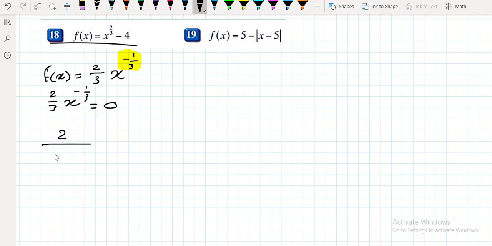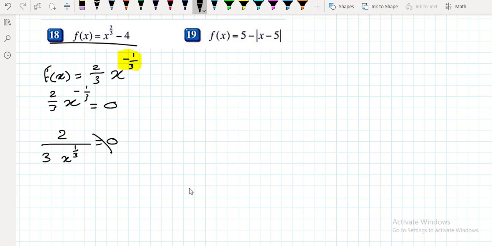The function looks like this: 2 over 3, the 3 is already down, and x power positive 1 over 3 goes down, equal to 0. In chapter 1, we said if we have number over something, this function is never equal to 0. Alright, that means we don't have critical value in this way of f prime equal to 0.